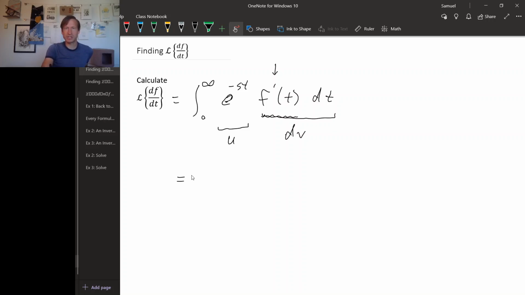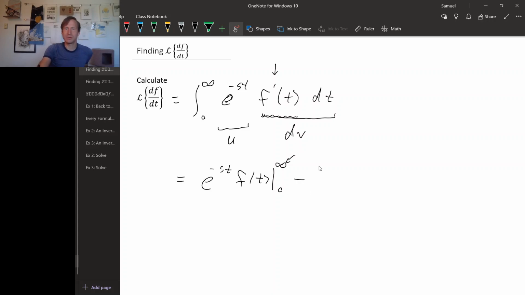So when we do integration by parts, we have to integrate dv. So the integral of that is just f. So we get e to the minus st f of t from 0 to infinity. And as usual, remember, this infinity is really a limit as the top bound goes to infinity.